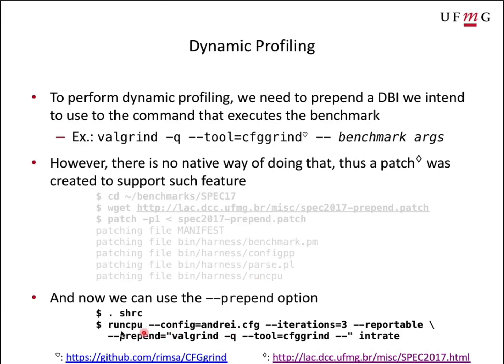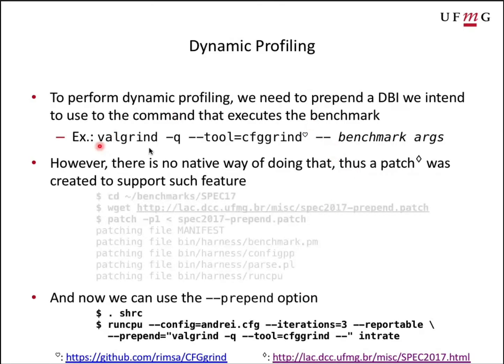I included this prepend flag so that we can prepend a command before the benchmark program is executed. So Andrei, you are saying that whenever you run this, this command will be in the command line before whatever would come naturally. Yeah, exactly. So you can do anything before it.